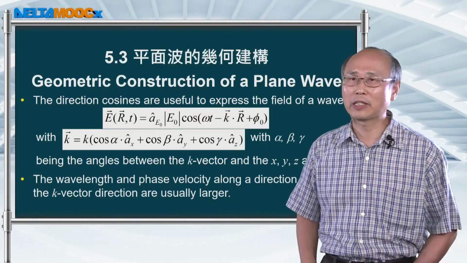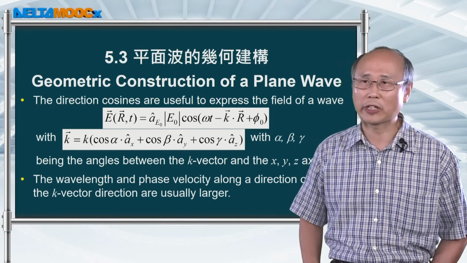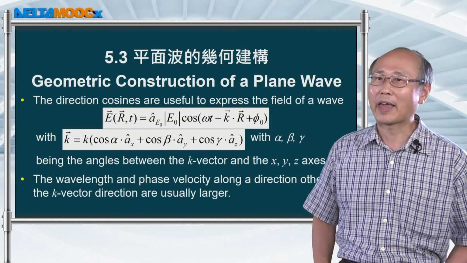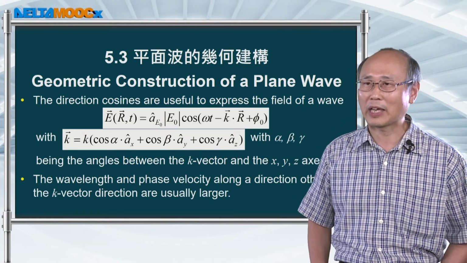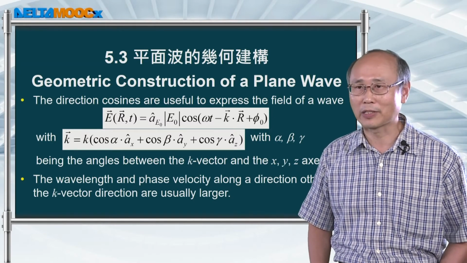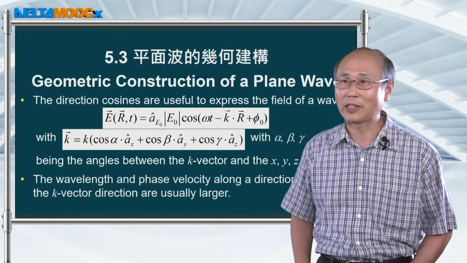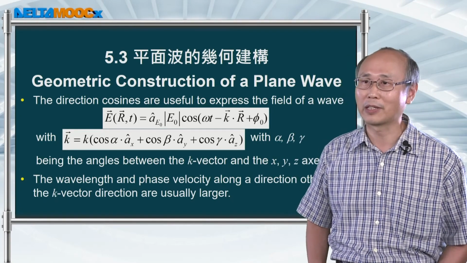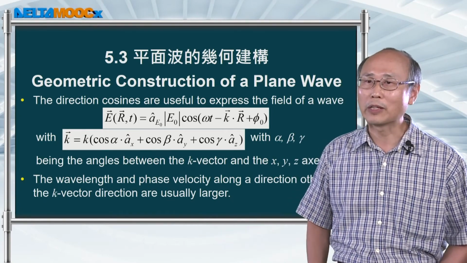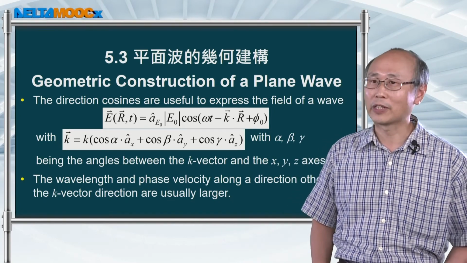So in this session, I tried to give you some geometric construction for a plane wave. We looked into the k vector along different directions, and therefore you have different phase velocities along different directions. We also looked into the wavelength along different directions.